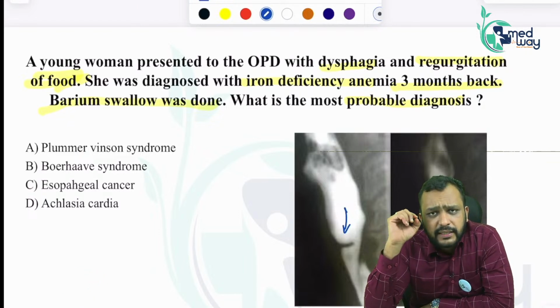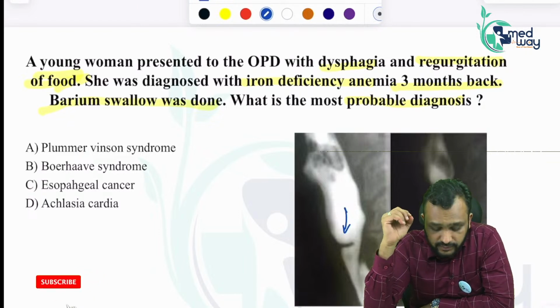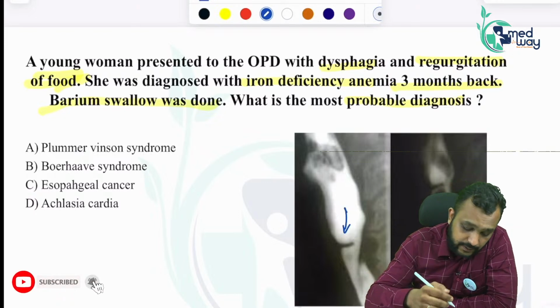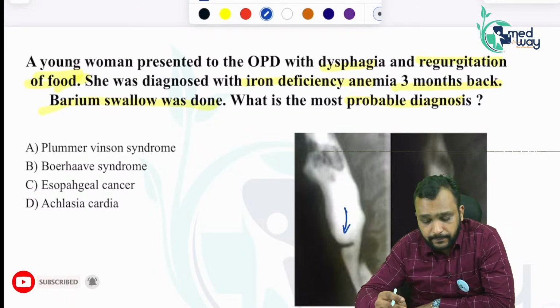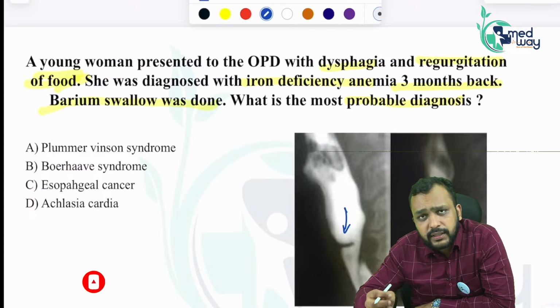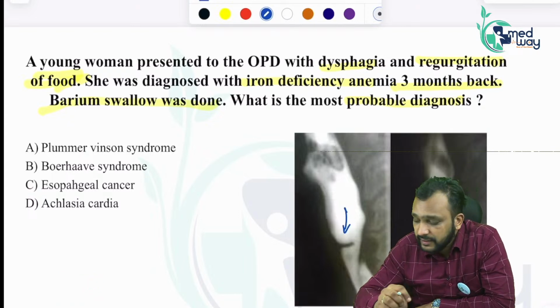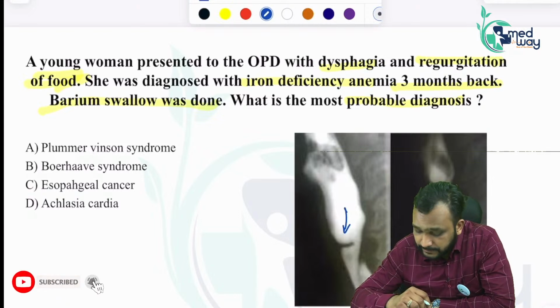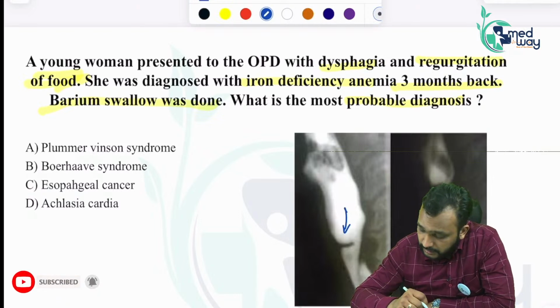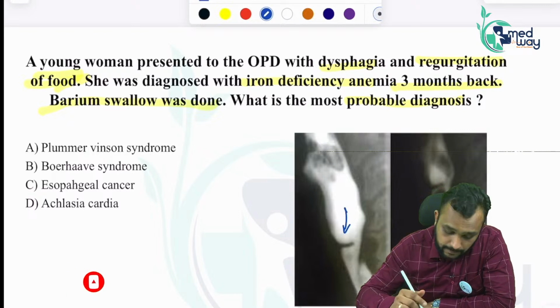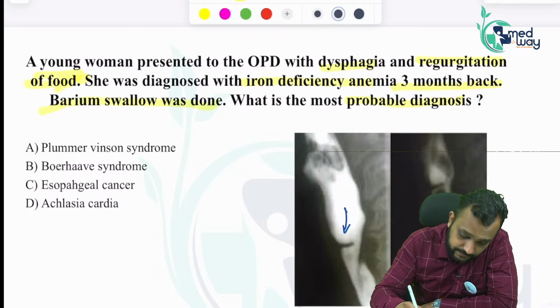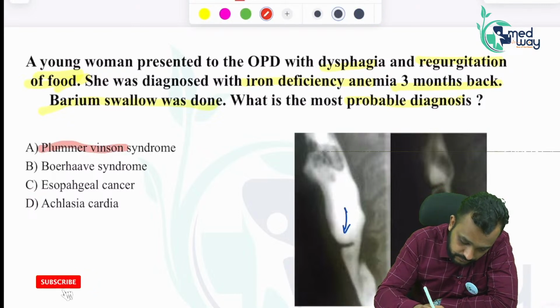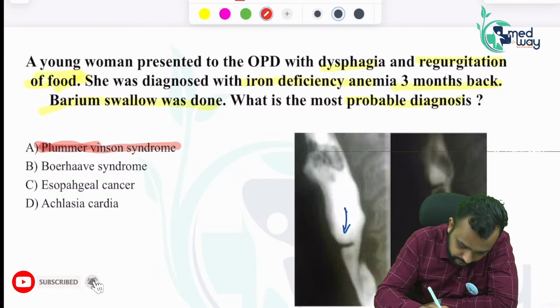This linear defect within the esophagus is seen in a patient with esophageal web. Esophageal web with dysphagia and iron deficiency anemia, this triad is seen in patients with Plummer-Vinson syndrome.